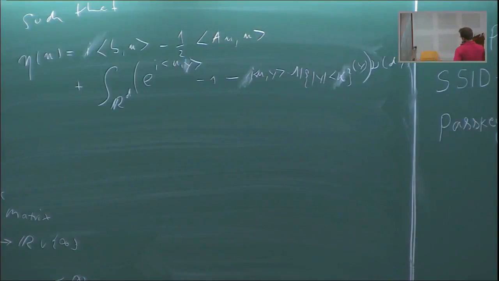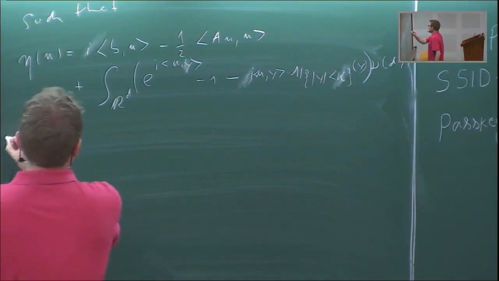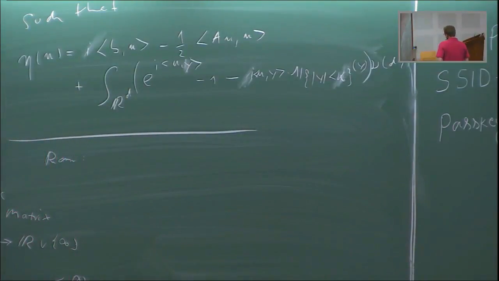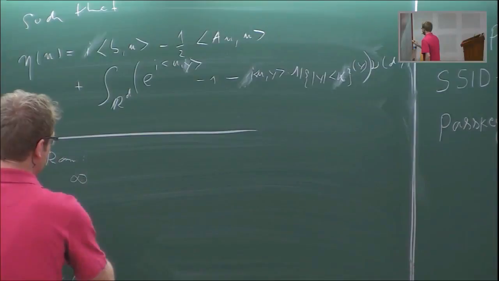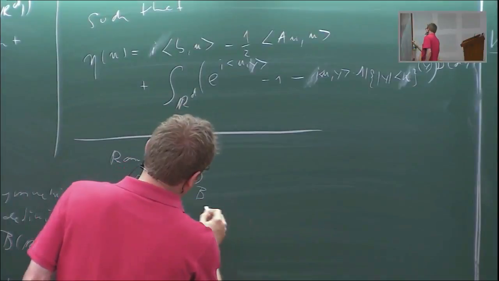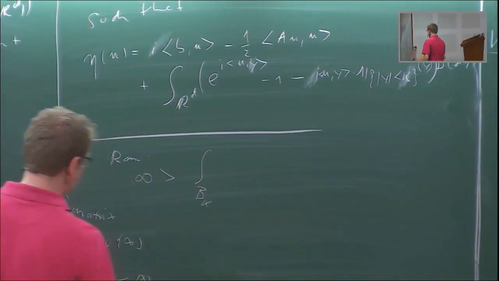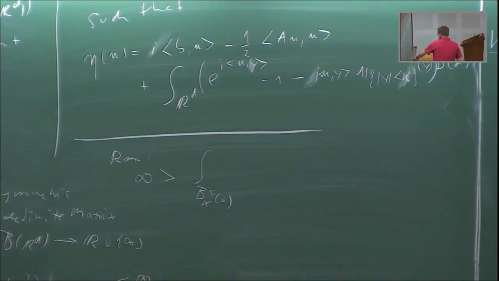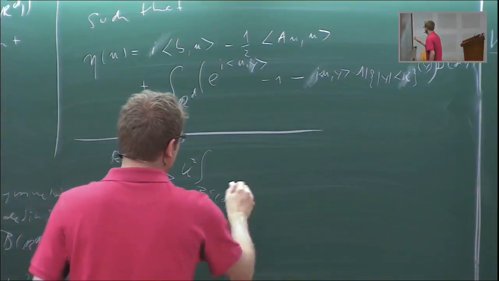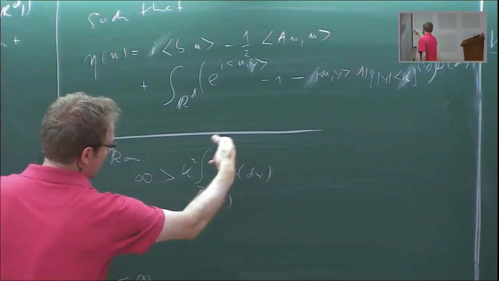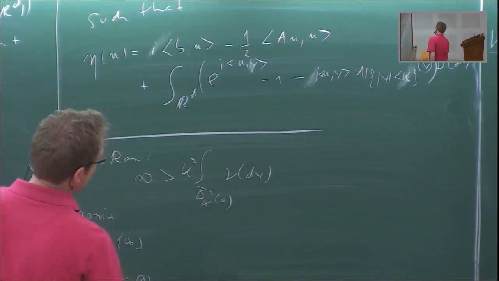What does this integrability tell us? First of all, this can be decomposed into two parts. We have something which is finite, for all values outside a ball of kappa around 0, where the integral of kappa squared nu dy is finite. This is a positive measure, a positive constant.